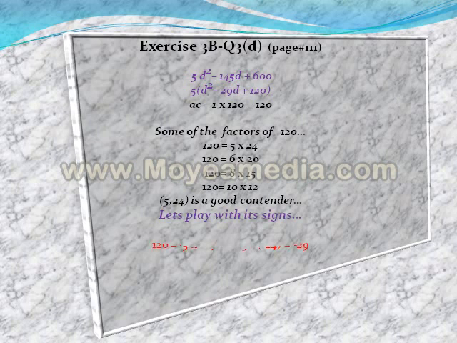Here it is. If I take 5 and 24 both as negative, so minus 5 into minus 24 will give you 120. Yes, we need 120. When we add them, minus 5 and minus 24, we will get minus 29. Yes, so our required pair is going to be minus 24 and minus 5.